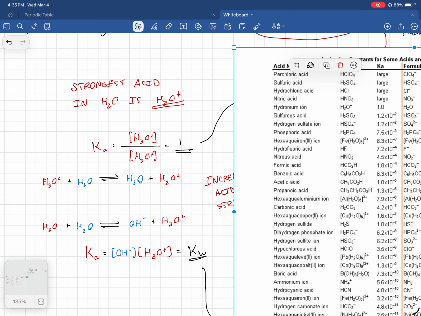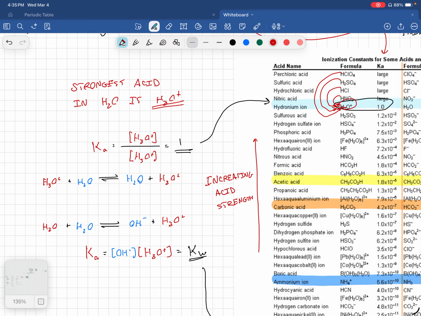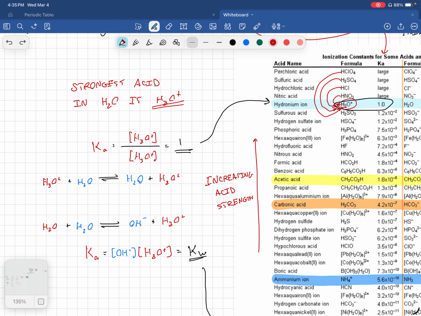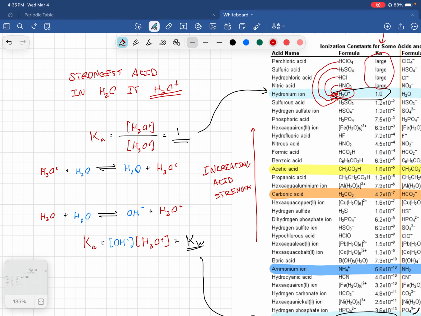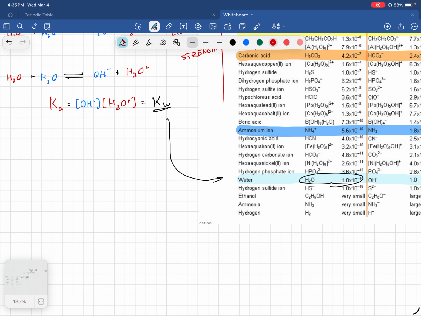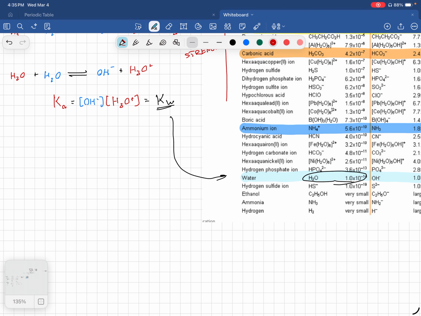So we can't measure these values. You can see they just say large. The same holds true on the bottom end. Any acids weaker than water, well, then water will act as the acid, right?